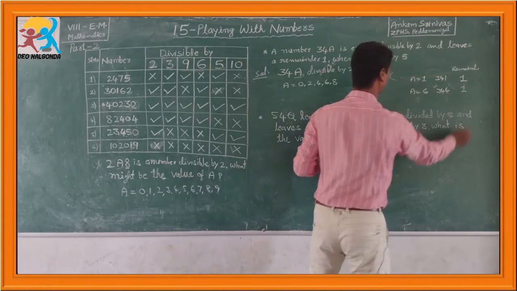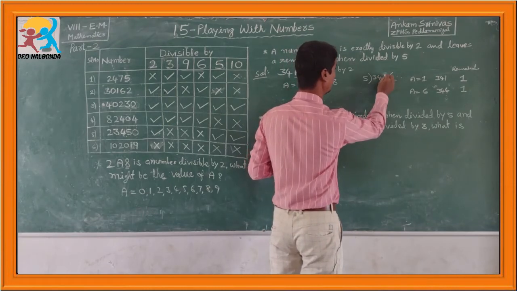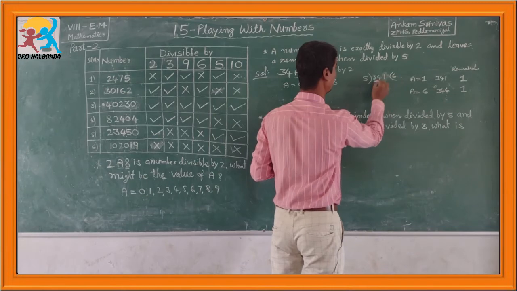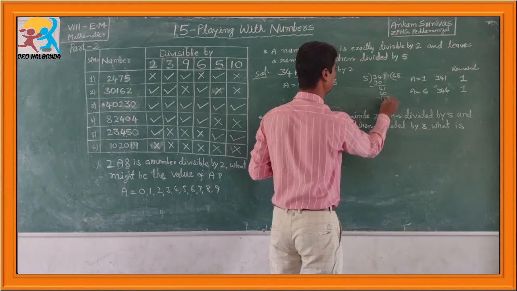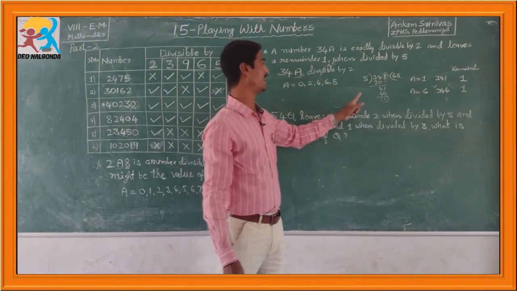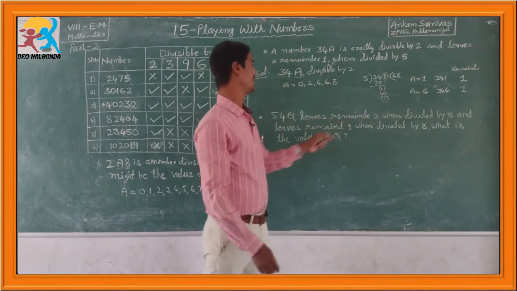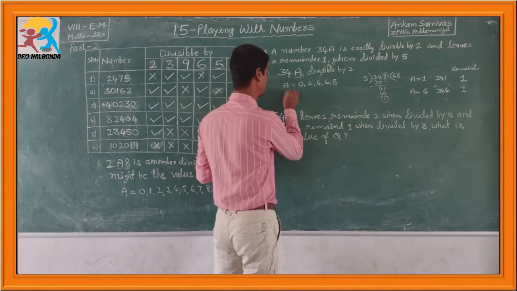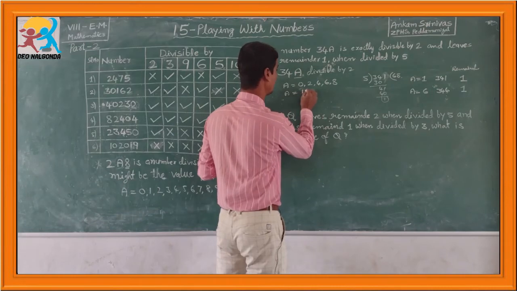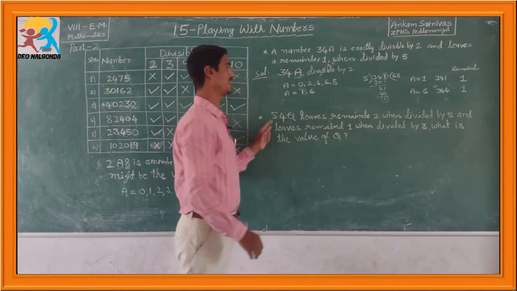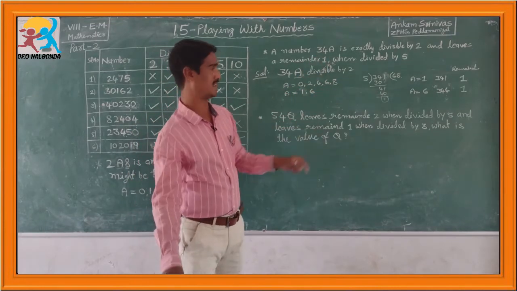Remainder also 1. Suppose 5 sixes are 30, 41, 5 eights are 40, what is the remainder? 1. The same way, 346 when divided by 5, we also get the remainder 1. So the second condition is satisfied by 1 and 6. So if I take 1, leaving remainder 1. If I take 6 also, leaving remainder 1.